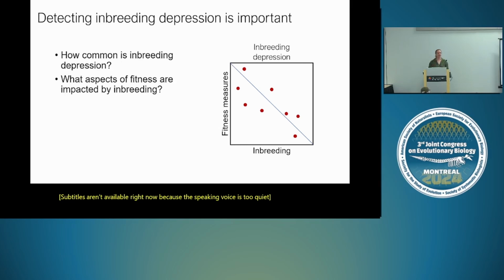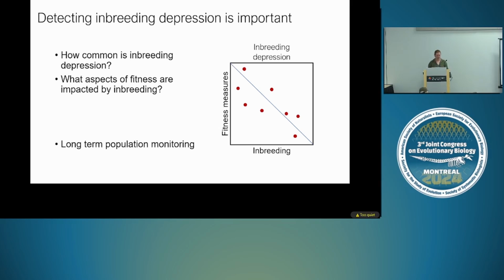That being said, detecting inbreeding depression in wild populations is really important, not just for the conservation and management of those populations, but it also gives us really valuable information about how common inbreeding depression is across taxonomic groups and what aspects of fitness are most typically impacted by it. One exciting way to detect inbreeding depression by inferring fitness is using long-term population monitoring data.